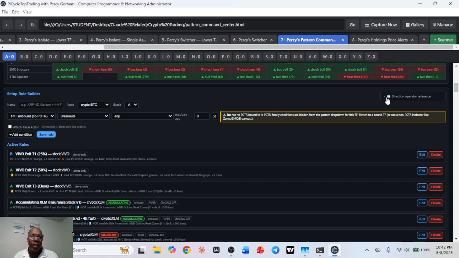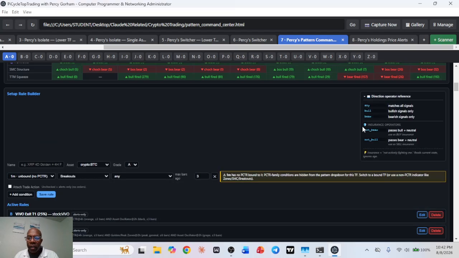And I like to trade with something I call insurance. I don't like to come here to lose. I come here to win. So if you look at this, I have insurance operators built into my trading, right? Certain things will not happen. It will not initiate or let me take the trade if, for example, we're peaking out in the market and I'm trying to buy something.